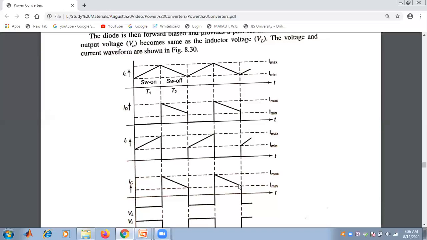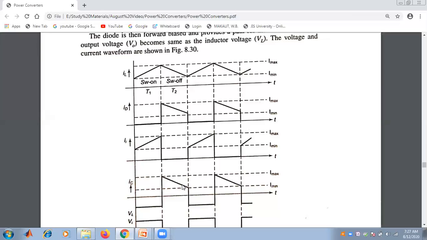It is the same pattern of current, decaying from its maximum to its minimum value, because we have already seen that when the switch is off, the diode is forward biased and working. So the diode follows the same pattern as the current through the inductor, and the capacitor also follows the same pattern.